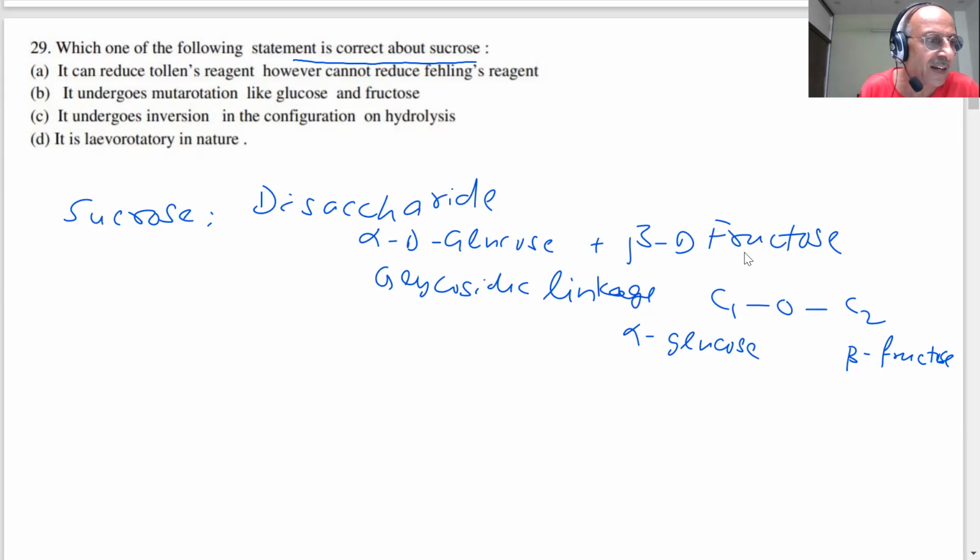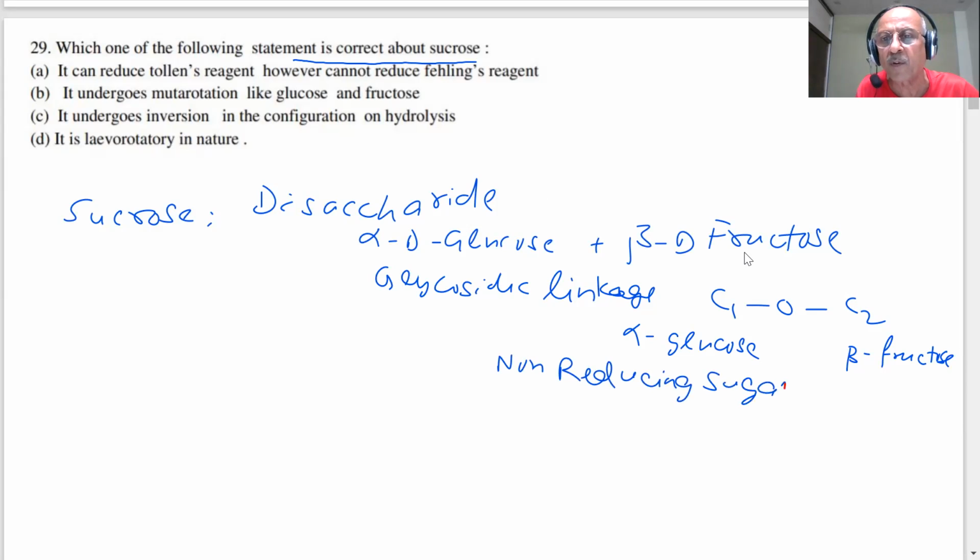Therefore, student, it is clear this sugar is going to be a non-reducing sugar, because the carbonyl groups of both fructose and glucose are involved in the formation of a glycosidic bond. Hence, it is a non-reducing sugar.